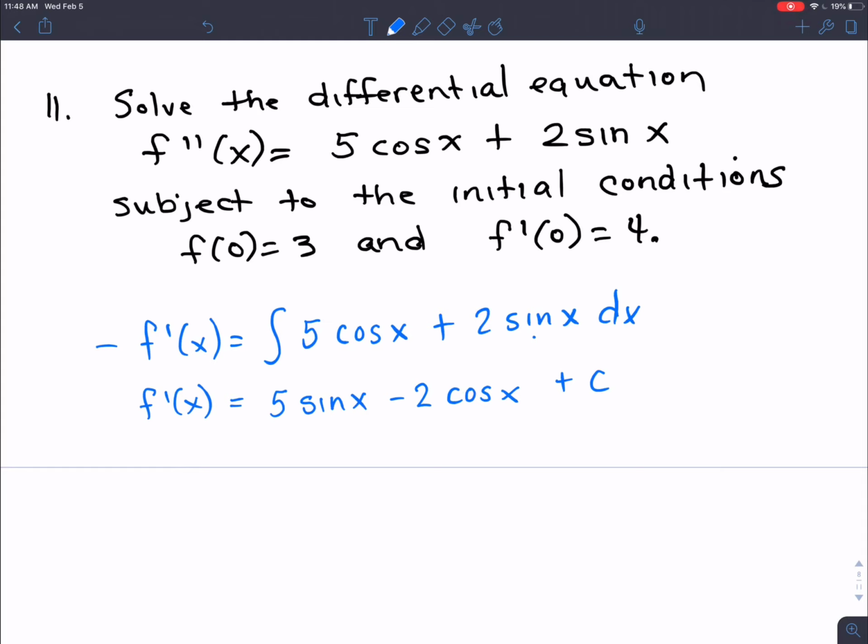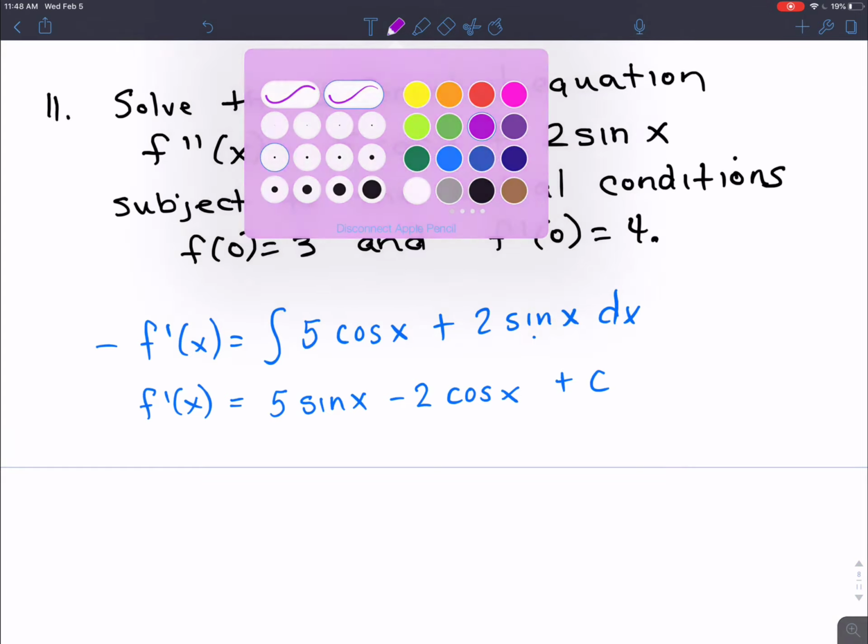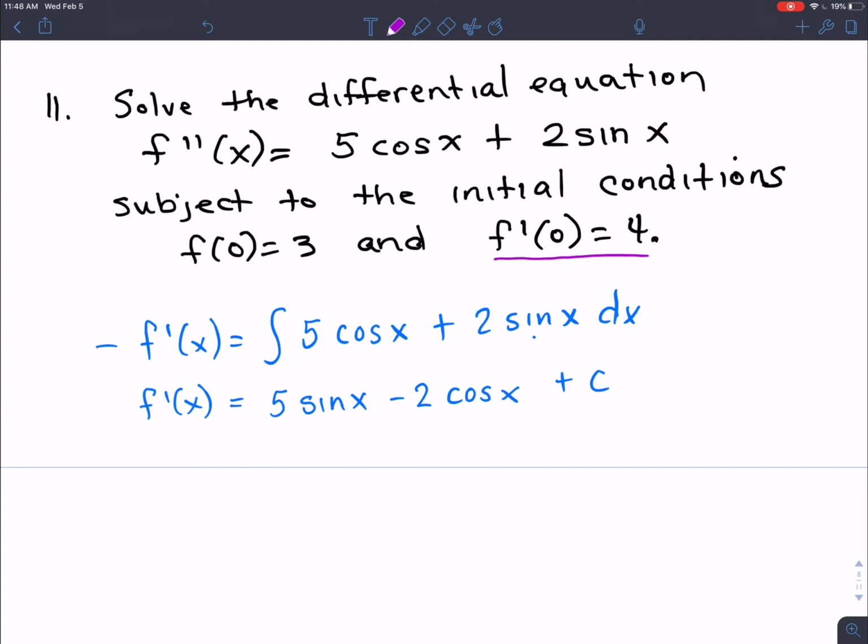Now we don't know it exactly because we need to figure out what c is, just like we've done in the past. But they did give us information to work with because they gave us the first derivative initial condition. So f prime of 0, that means everywhere there's an x, plug in 0, is equal to 4, so I can put a 4 in here.